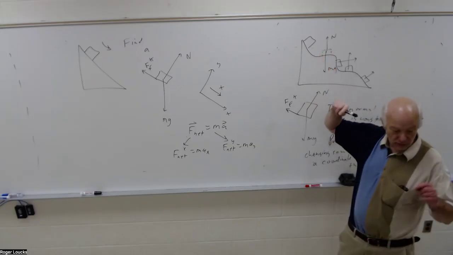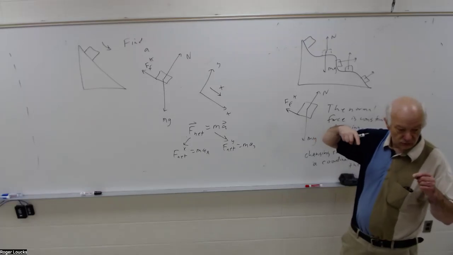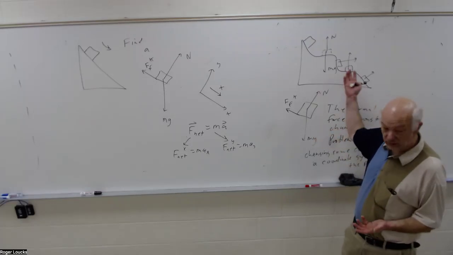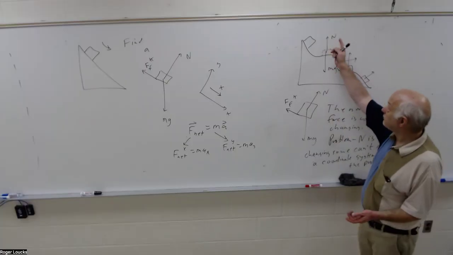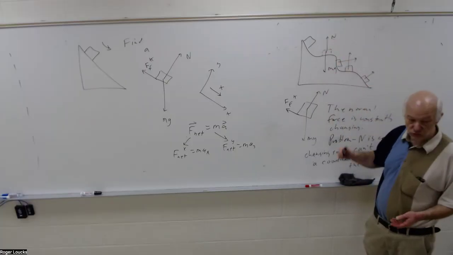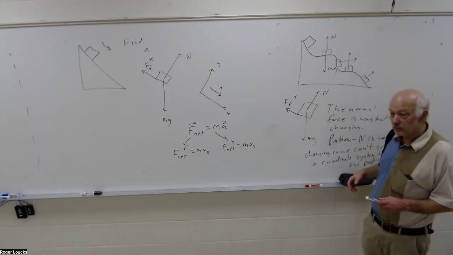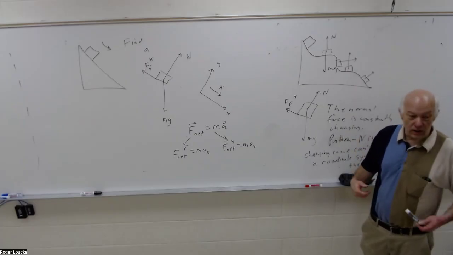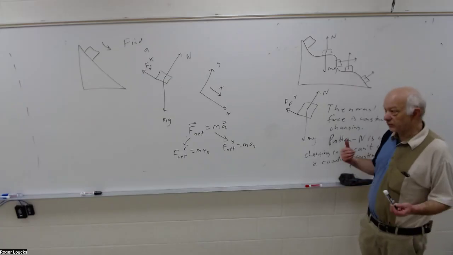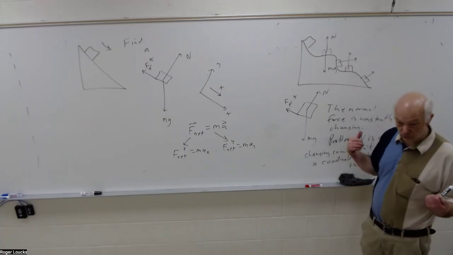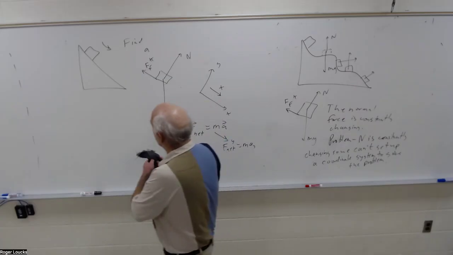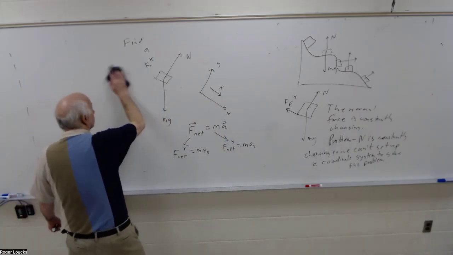Then I could just do F equals MA and break it up into standard x-y coordinates, and solve numerically. When this was developed, you couldn't do that. Not just that, it's also a good exercise to figure out how to get the normal force out of here. So the question is, how do we eliminate the normal?